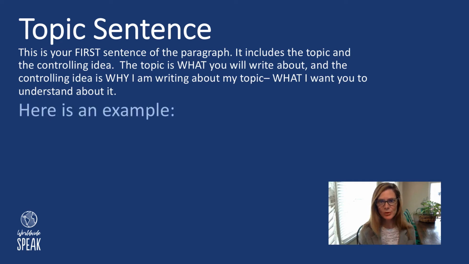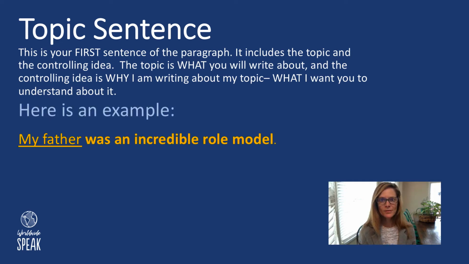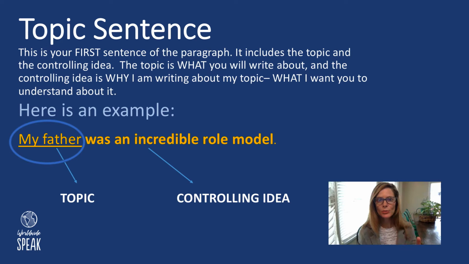Here is an example. My father was an incredible role model. What am I talking about? I'm talking about my father. That's the big topic. And what I do is with the controlling idea, he was an incredible role model, I focus my paragraph.